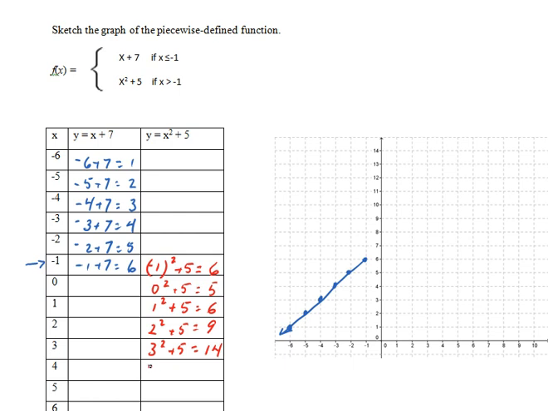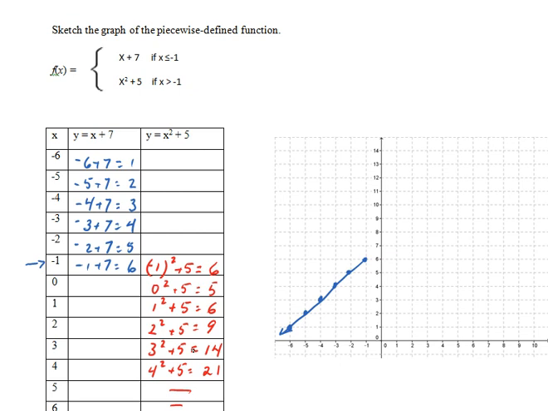And 4 squared plus 5 is 21. Now, what we notice is that the other values are going to be off the grid. So we're not going to graph the 4, 21 or points to the right of that because it will have gone off the top of the graph.